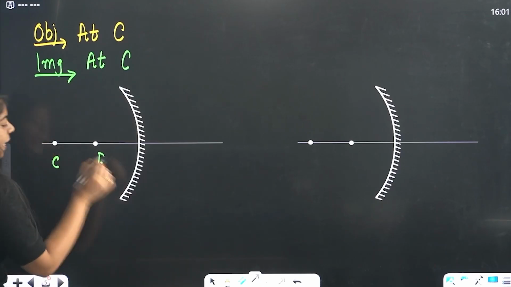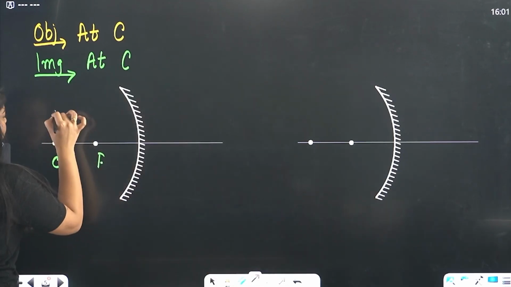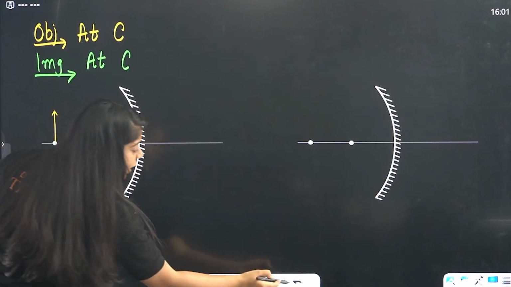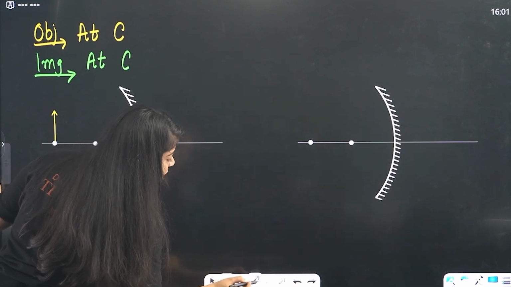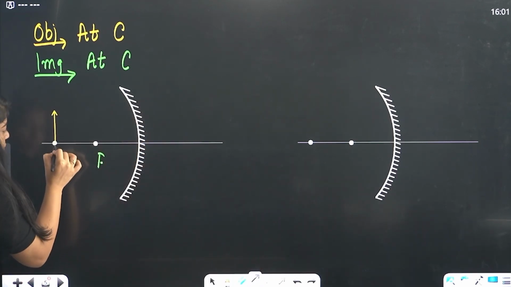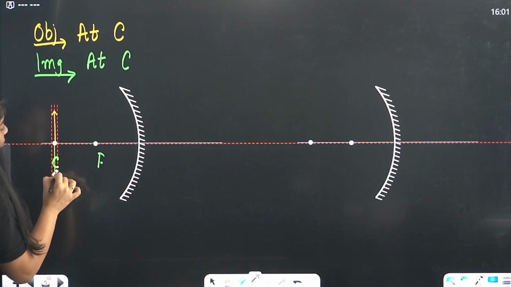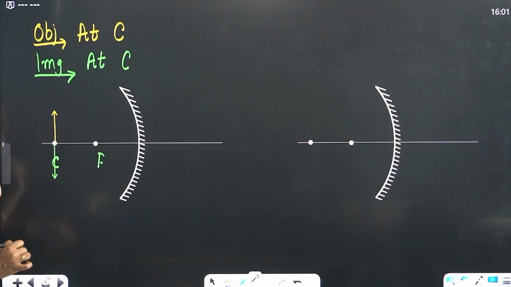Now make the object at the center of curvature. You did, right? Ma'am, one more thing I remember, the size of the image is also the same, right? So the similar size of image you make under the center of curvature, of the same size at the same point. Can you see?